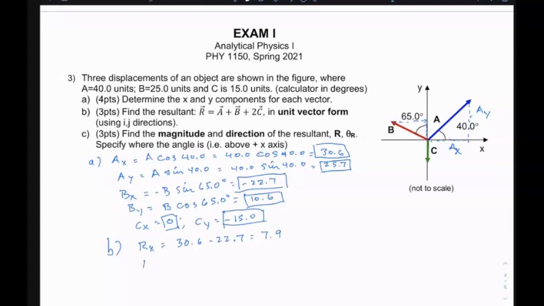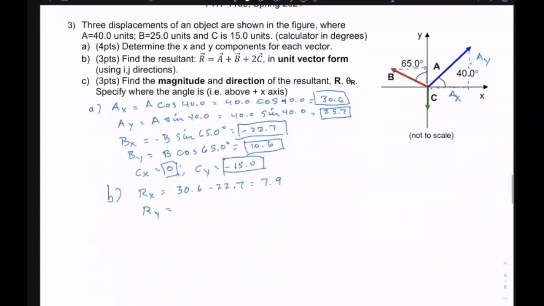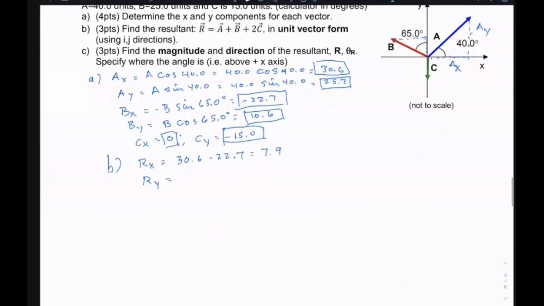Evaluating the y component of this sum, that's equal to the y component of A, which is 25.7, plus the y component of B, which is 10.6, plus 2 times the y component of C. So that's going to be equal to minus 30.